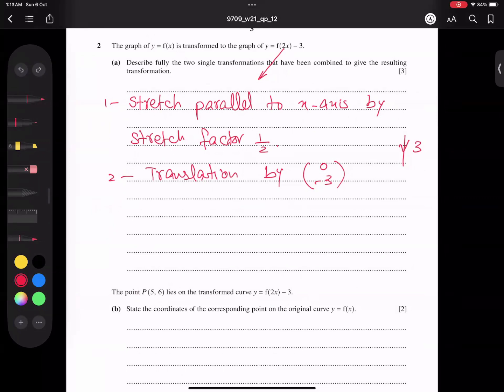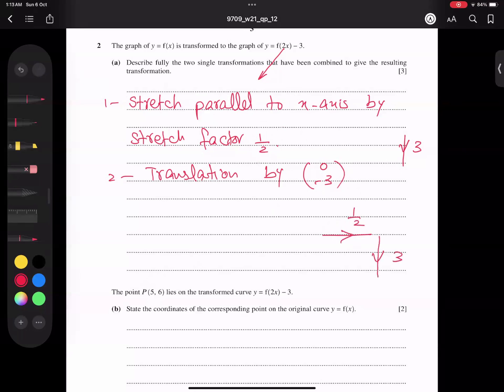It means after the stretch parallel to the y-axis and after the translation, we got this result. And he's asking for the coordinates of the corresponding point on the original curve. So this is a very common thing. This is a stretch parallel to the y-axis by half, and this is a translation going down 3.